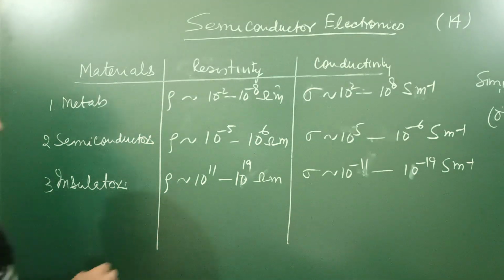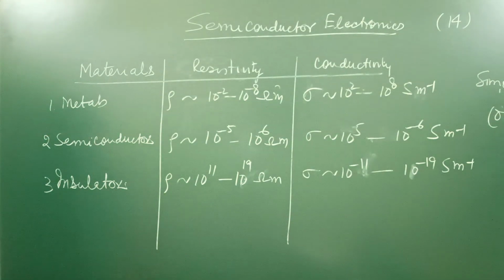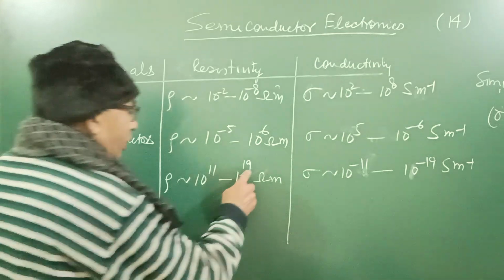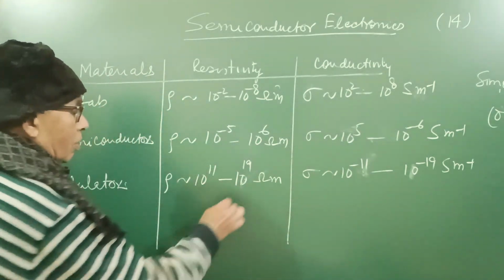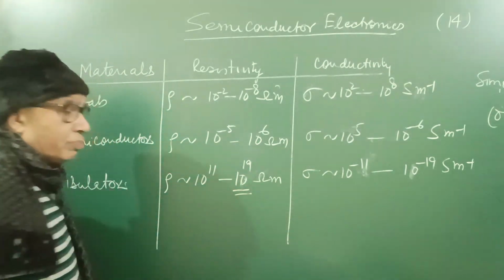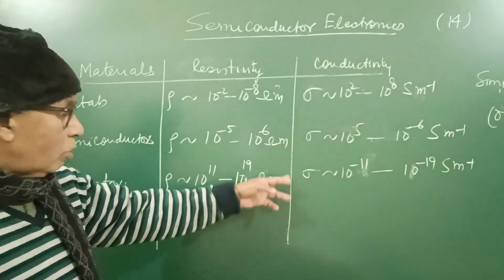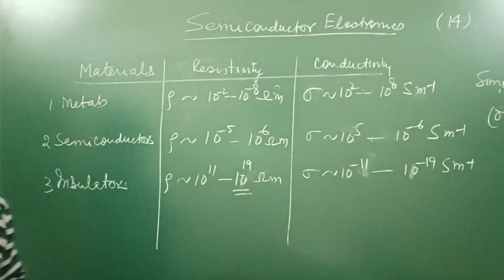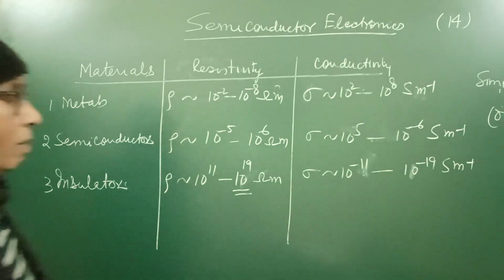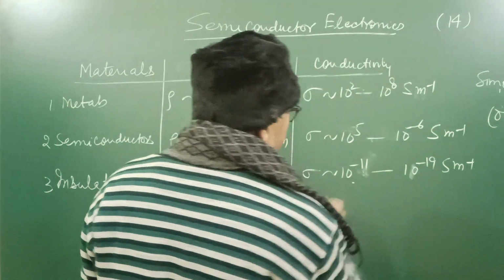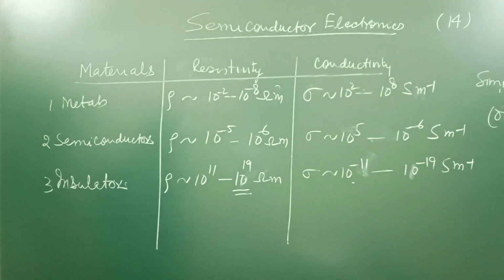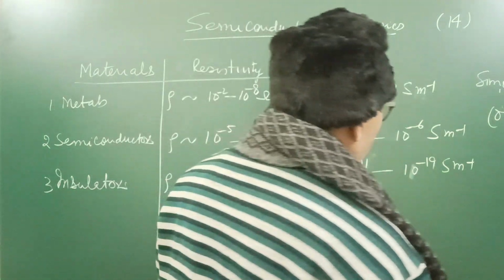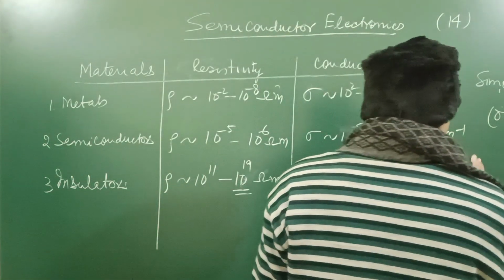Insulators: 10 to the power 11 to 10 to the power 19 ohm meter. Glass has this order of resistivity. We have very good bad conductor or insulator of electricity, and the conductivity is 10 to the power minus 11 to 10 to the power minus 19 Siemens per meter.